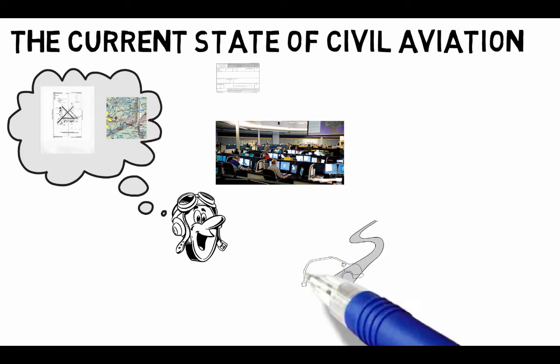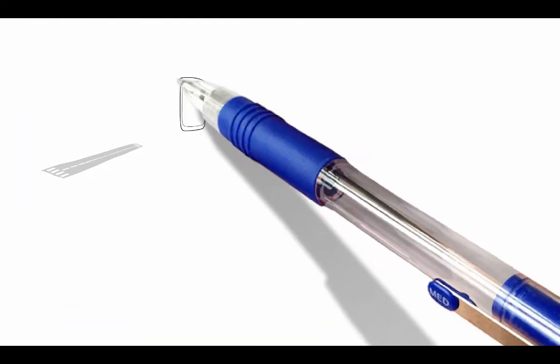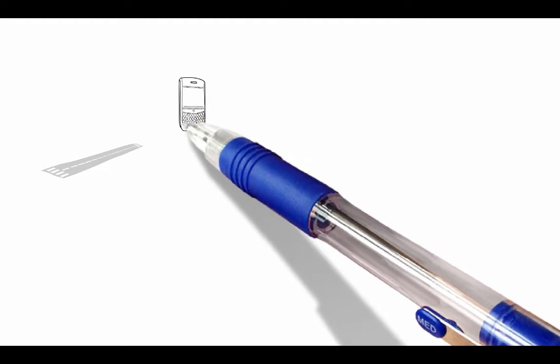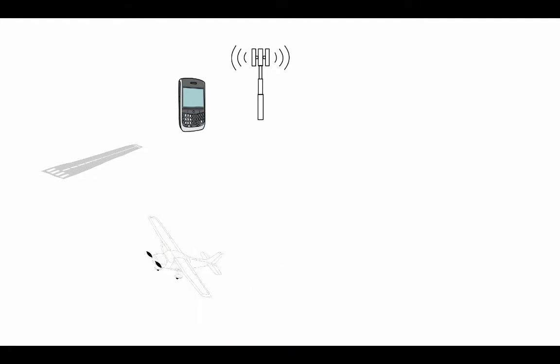With that done, Joe sets off for the airport. Upon arriving, Joe has a choice. He can either call the flight services station on his cell phone and activate his flight plan, or he can wait till after his departure and contact flight services via the radio.